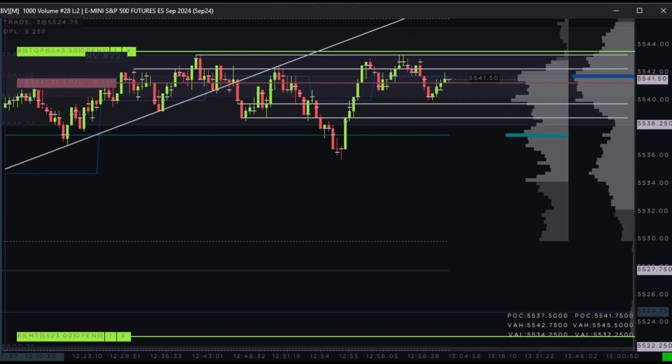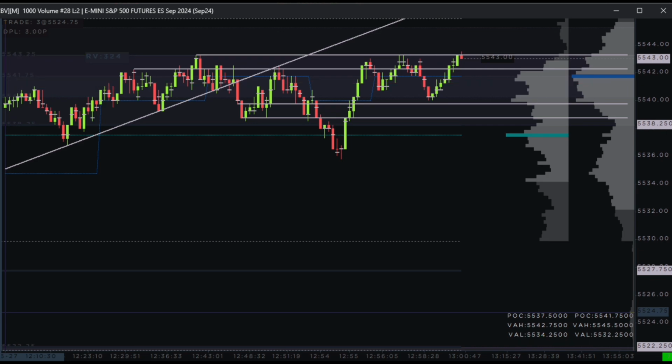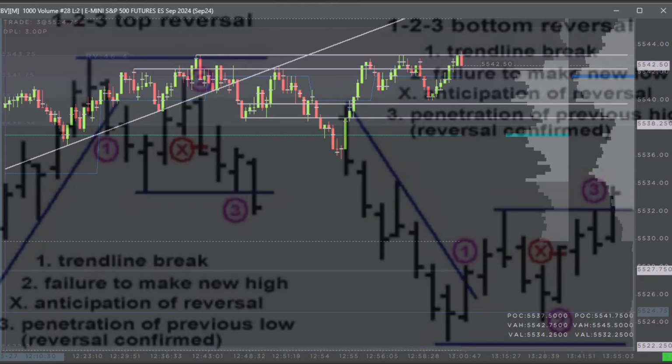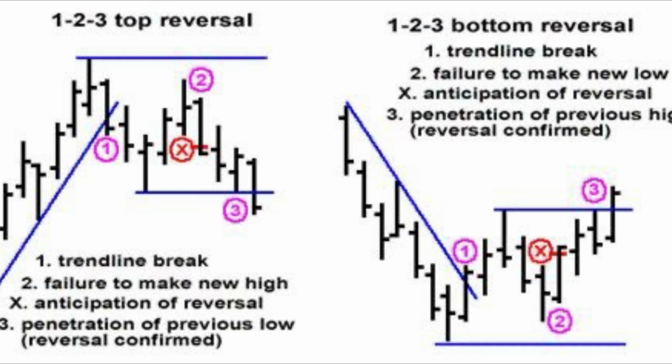And also this is where, if you hadn't moved it, you could move it again to almost just 1 point because it bounced off support within that range. Or you could just leave it depending on your risk tolerance. And you can see here I got stopped out, so it's about a net 4 points in this trade.